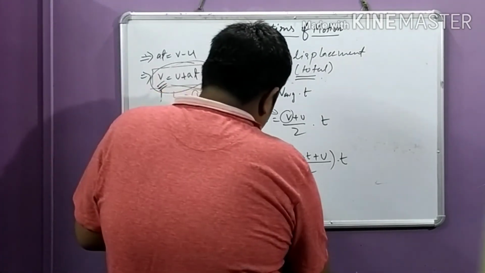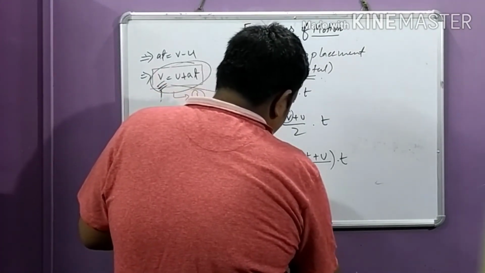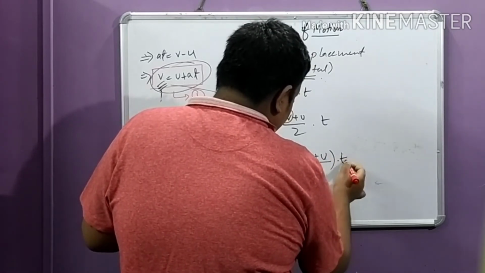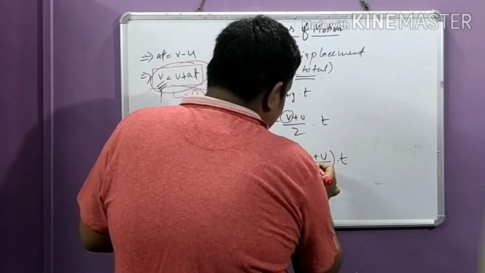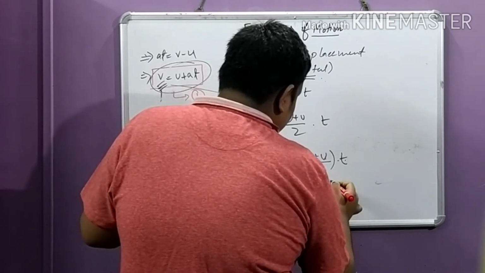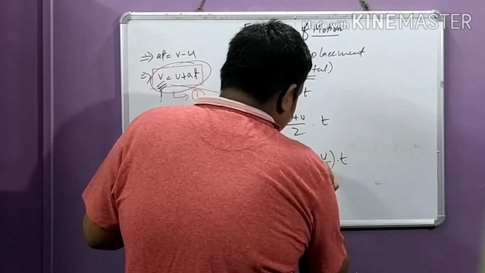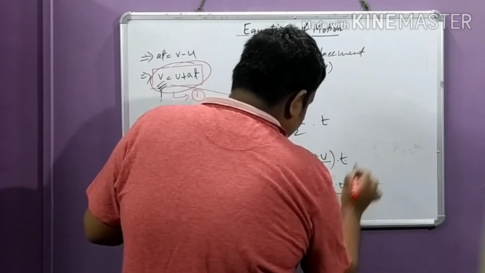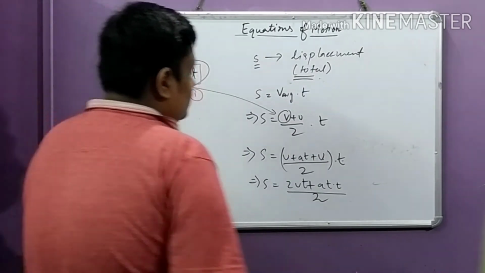So from here what we will get? S equal to (2U plus 2U plus AT) into T by 2. Am I right?